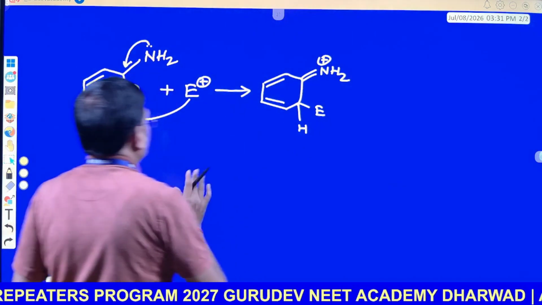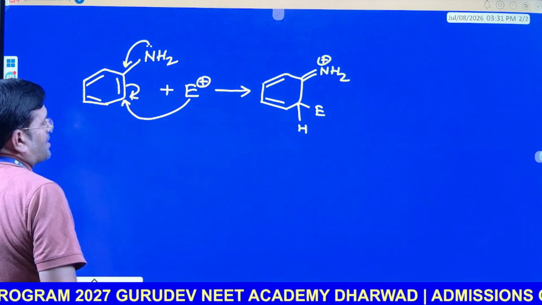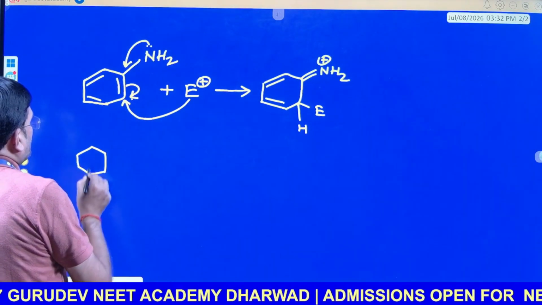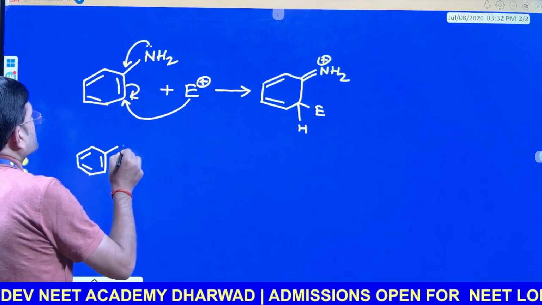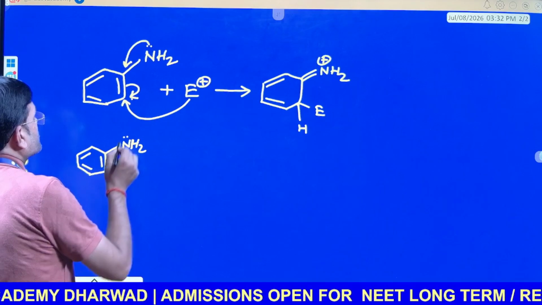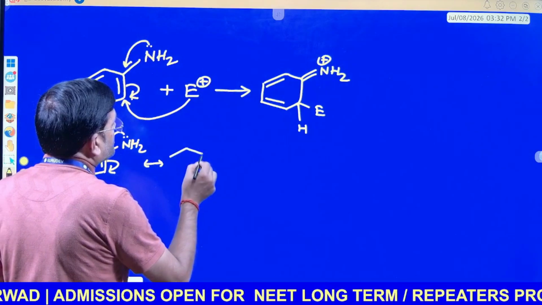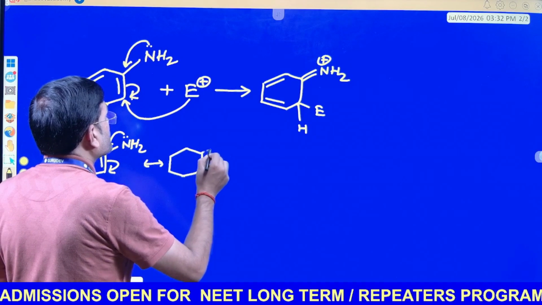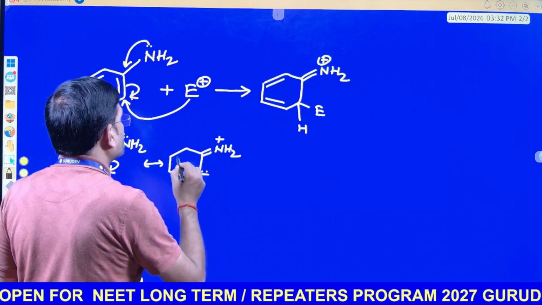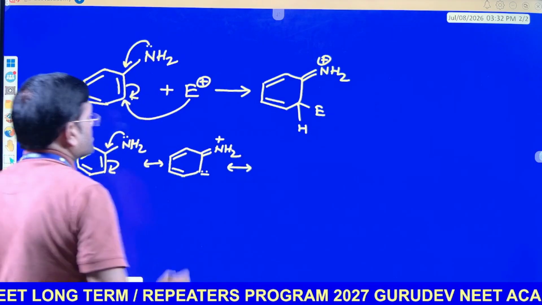Actually, before losing this proton, that is H plus, it is being resonance stabilized. Just see how. This bond clips this way, lone pair involves in bonding. So this is the next step, NH2 plus, and negative is developed here. Then further conjugation, that is resonance, will take place.